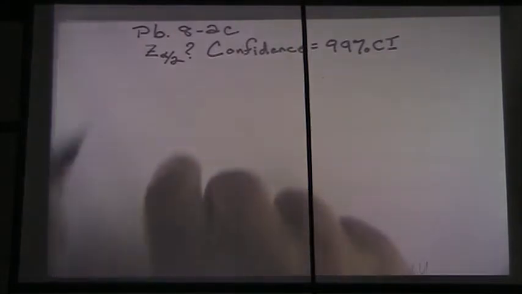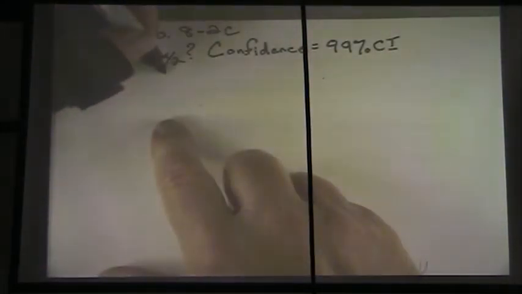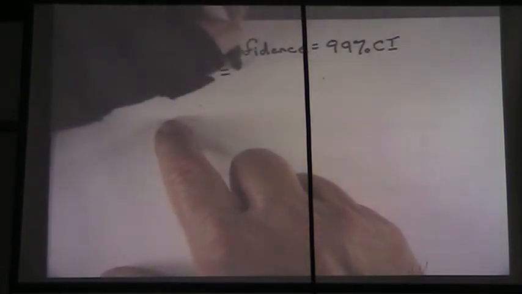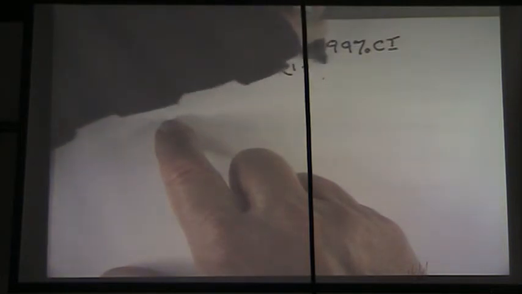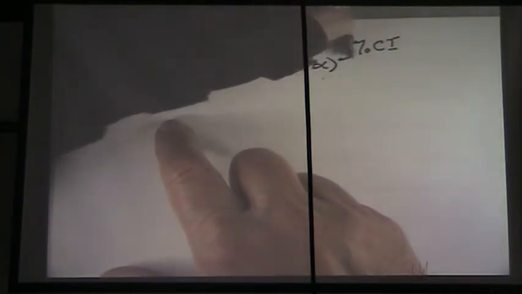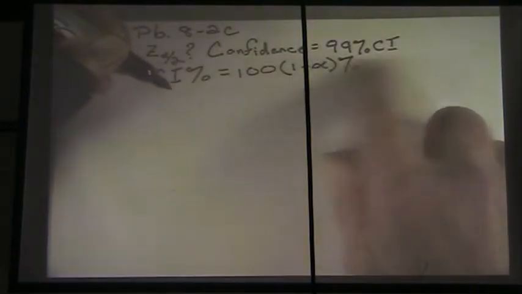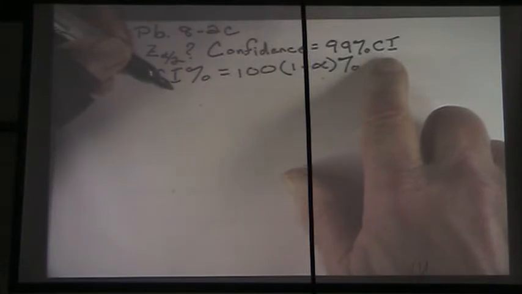All right, so we know our confidence interval percentage is equal to 100 times the quantity 1 minus alpha percent. We know that 99% is our confidence level for our interval.